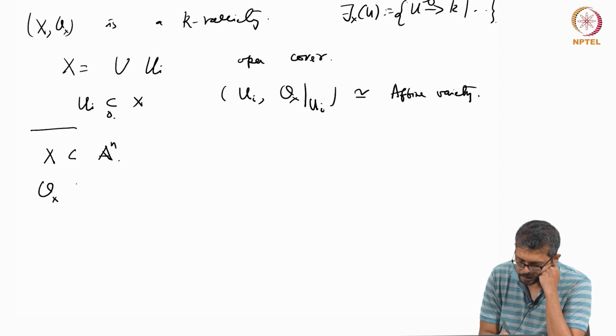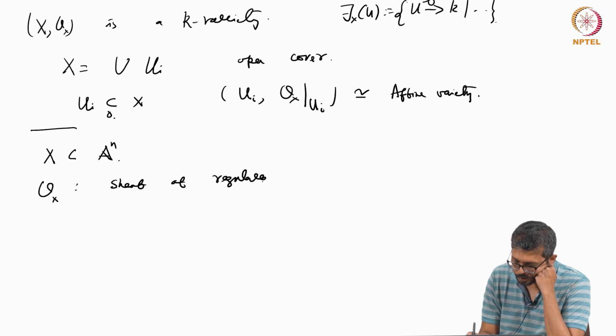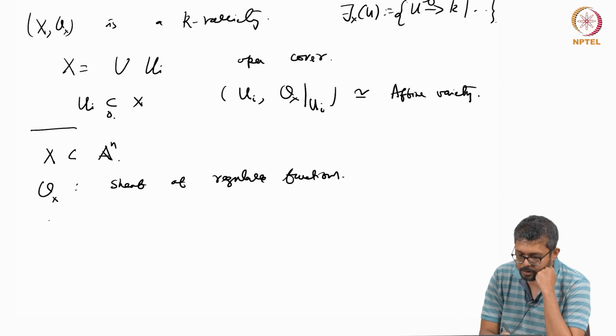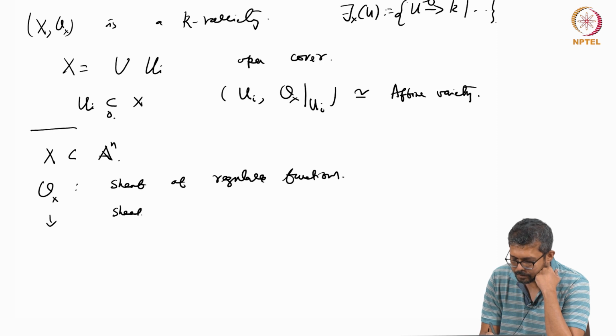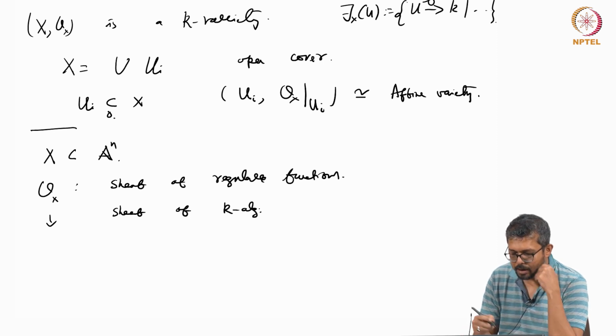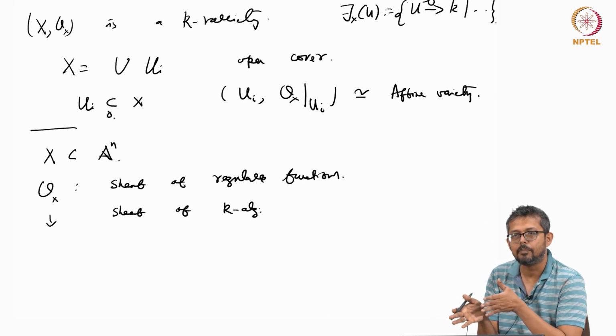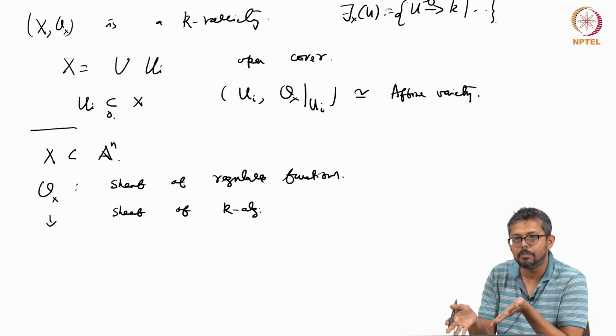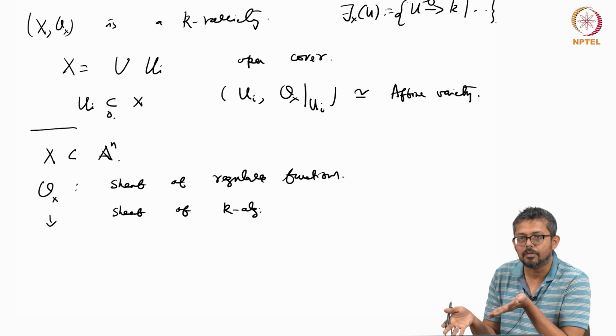Then if you take this sheaf of regular functions, this is a sheaf of K-algebras, and they are taking values in K. So in particular, they are pre-varieties. So affine varieties are examples of pre-varieties.